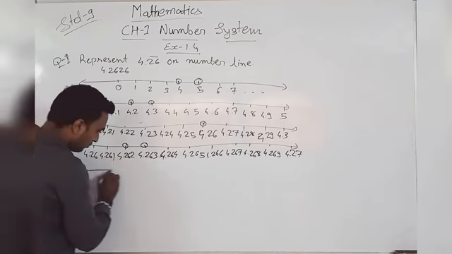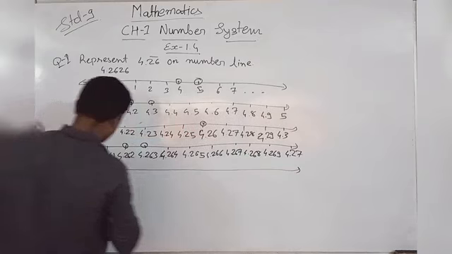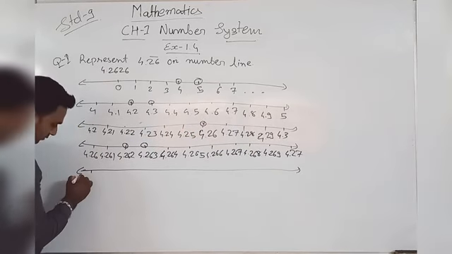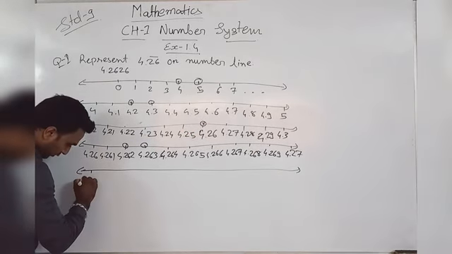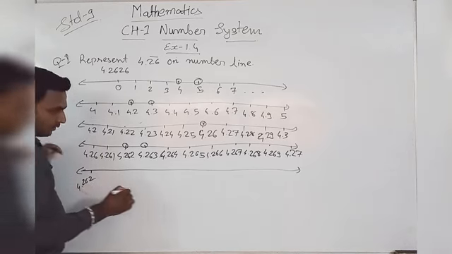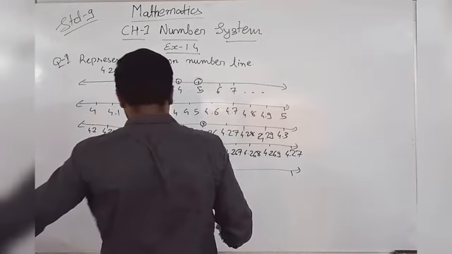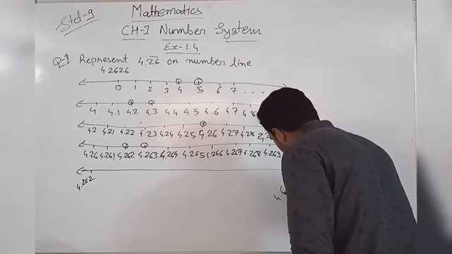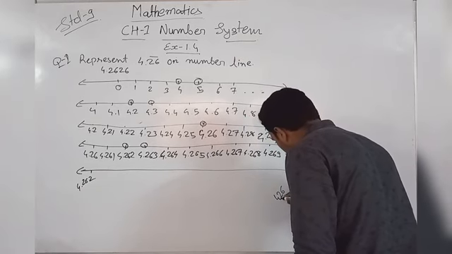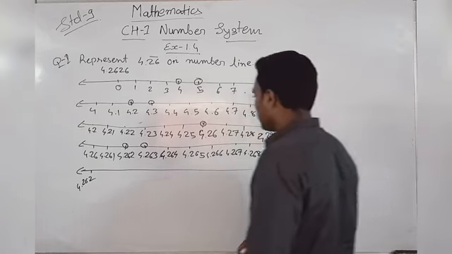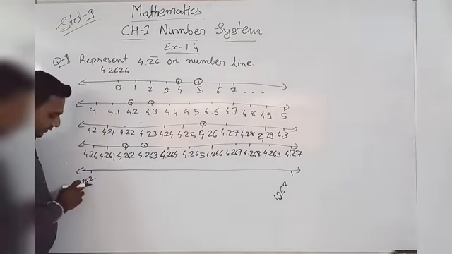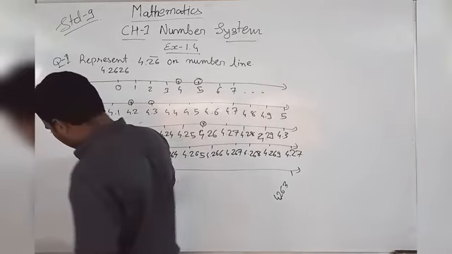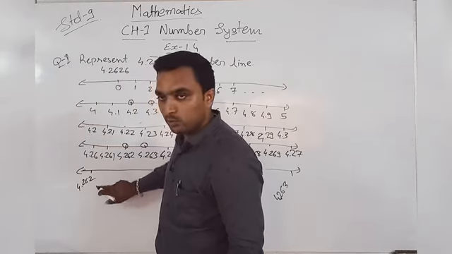Then again next number line. Here is your 4.262 and here is your 4.263. Now again we start from here. This is 4.2620.